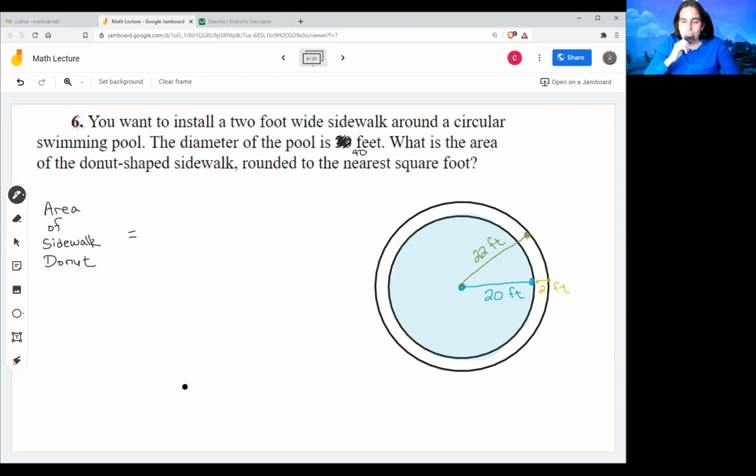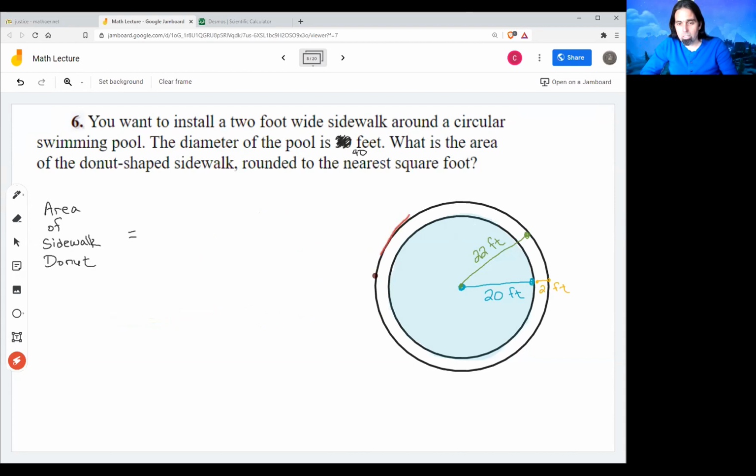Can you... 44-foot diameter? You're still jumping ahead to the lines down here. I just want something about the circles as my strategy, my plan of attack. Am I adding things? Am I subtracting things? 20 feet plus 2.